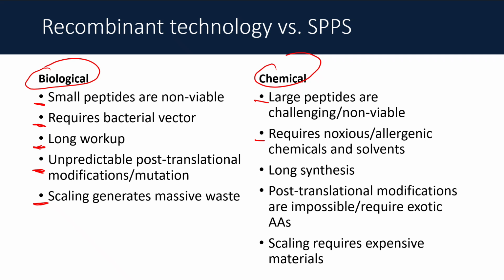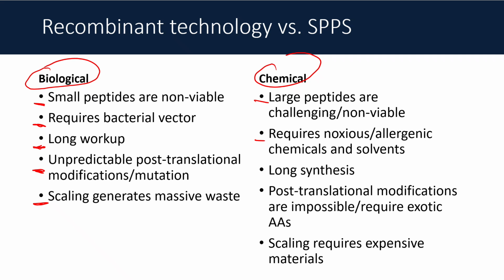Another downside is that the reagents used to do solid phase peptide synthesis are pretty noxious, and they can even induce people to become allergic to them, as in the scientists doing the reaction. I've done a whole bunch of solid phase peptide synthesis in my career. I haven't grown an extra head or anything crazy like that.